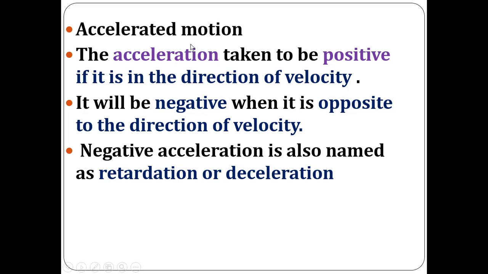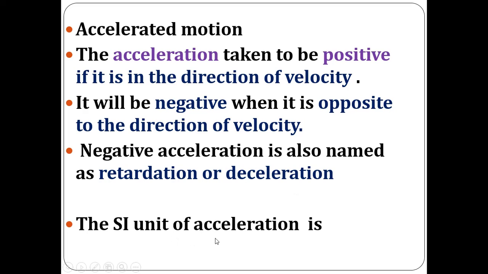But accelerated motion will be taken to be positive when it is in the direction of velocity. If it is opposite to the direction of velocity, the acceleration value will be negative, and it is called retardation or deceleration. Now, the SI unit of acceleration is meter per second square.